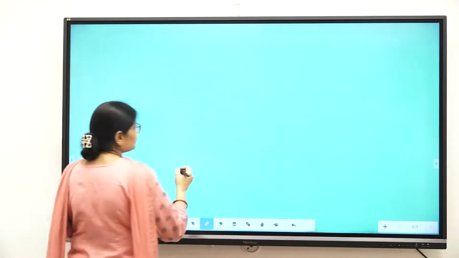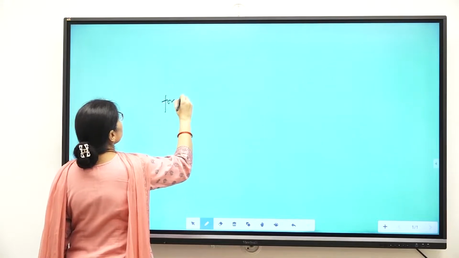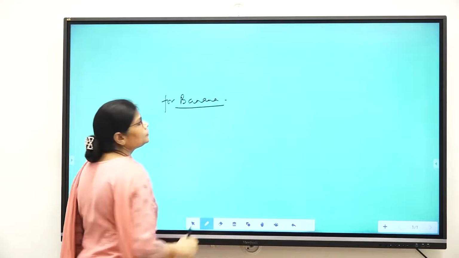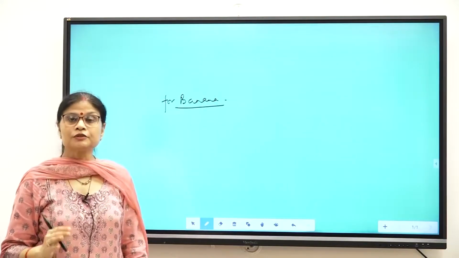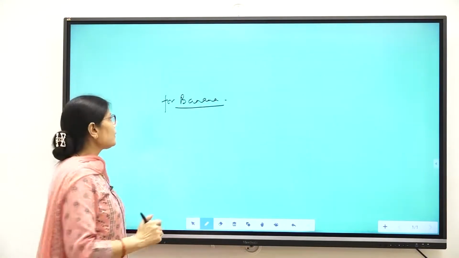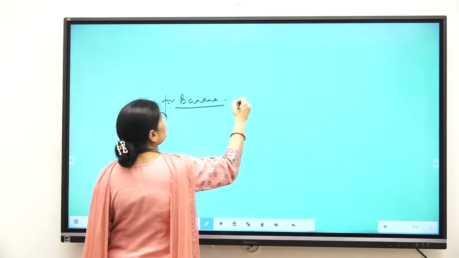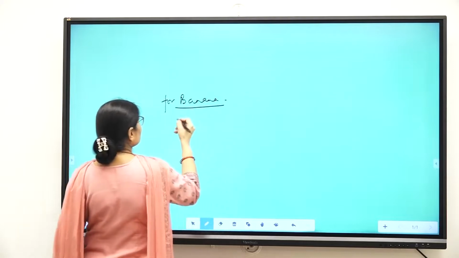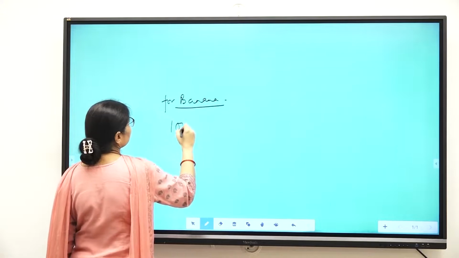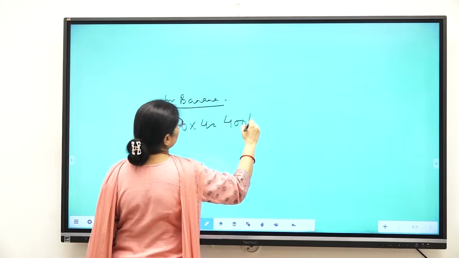Let us understand this with an example. For example, banana. Banana is basically a starch, carbohydrate rich food, and if we take it as completely carbohydrate, one standard weight is 100 gram. So, the calorific value or the fuel value of banana will be 100 into 4, that is 400 kilocalories.